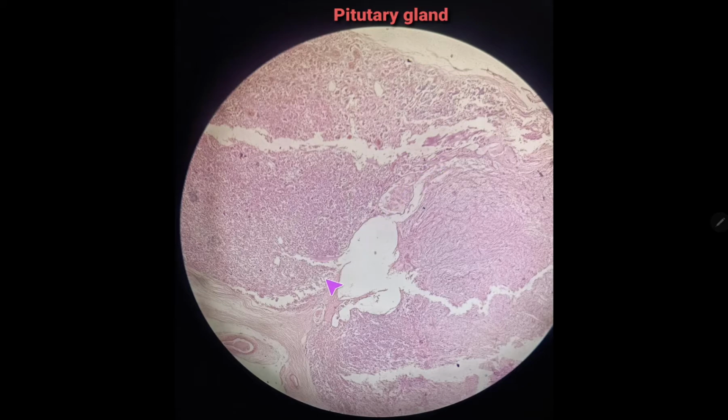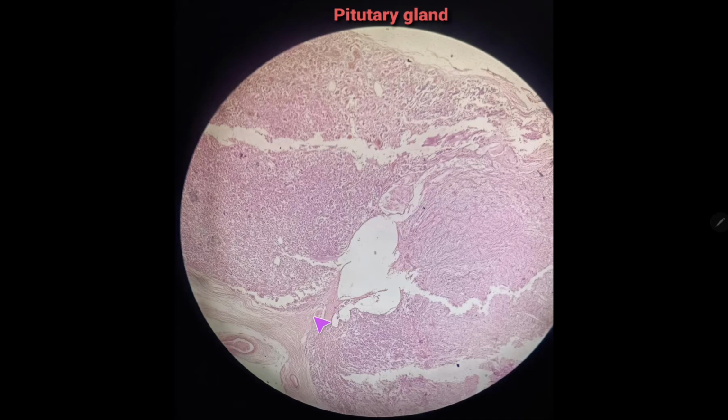And the third one is pars intermedia, that lies between this pars distalis and this pars posterior or neurohypophysis.